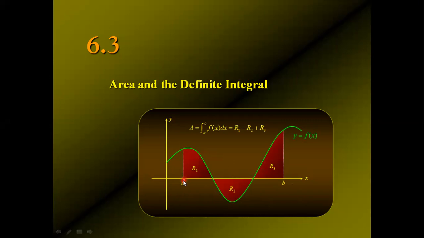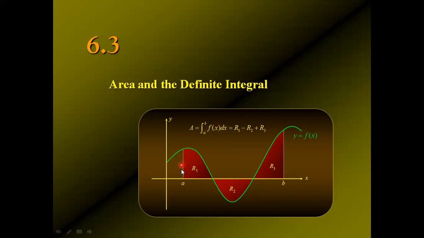Suppose this x coordinate is a, and this last one is b. That means we have to find the integration from a to b. A is the lower limit and b is the upper limit.